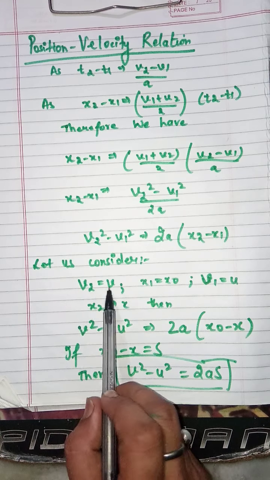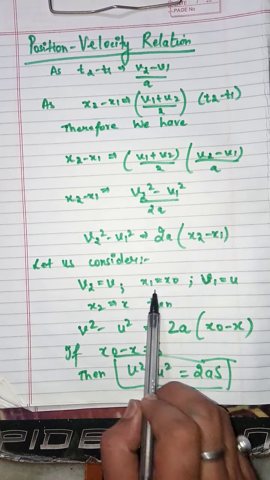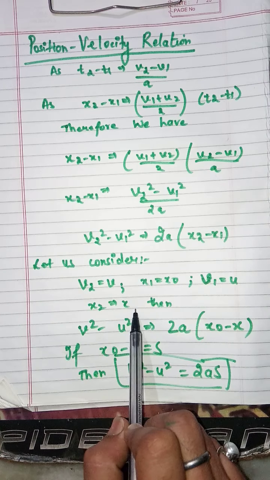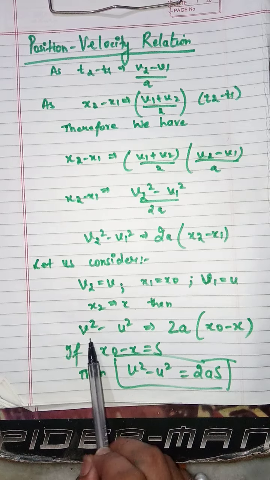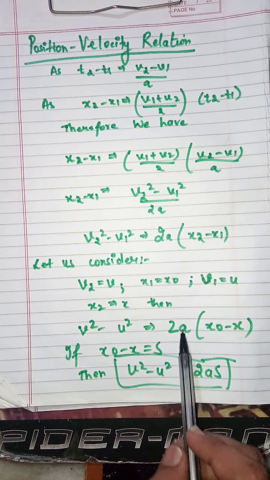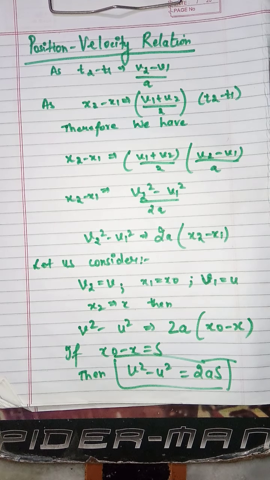Let v2 is equal to v, v1 is equal to u, x1 is x naught and x2 is x. Then this expression simply goes to v2 square minus v1 square is equal to 2a into (x naught minus x). And if we consider x naught minus x is equal to s, the displacement term, then we will achieve the equation v square minus u square is equal to 2as.